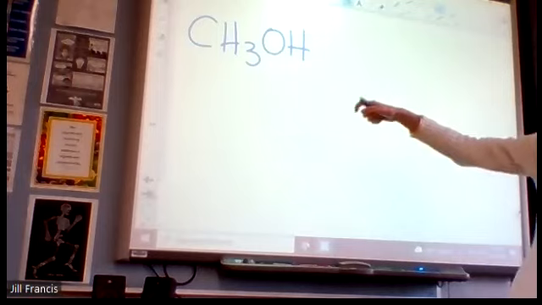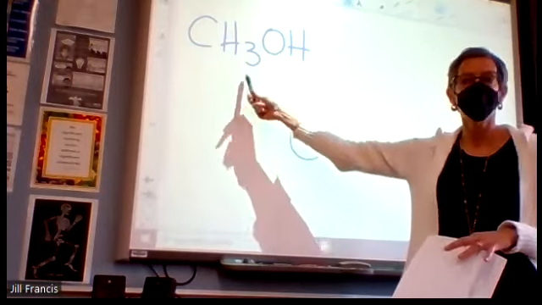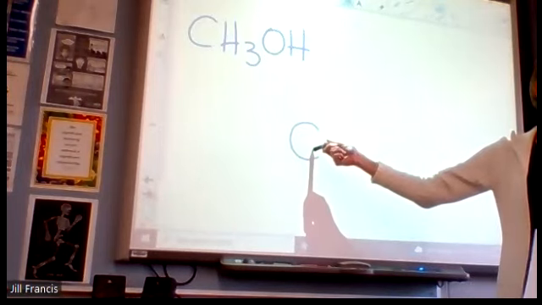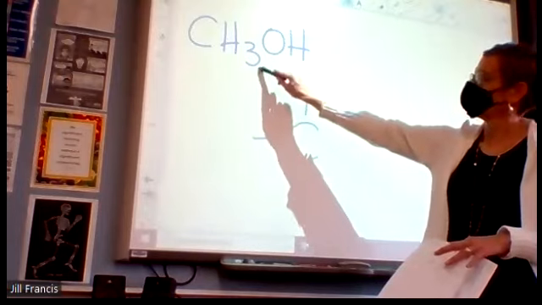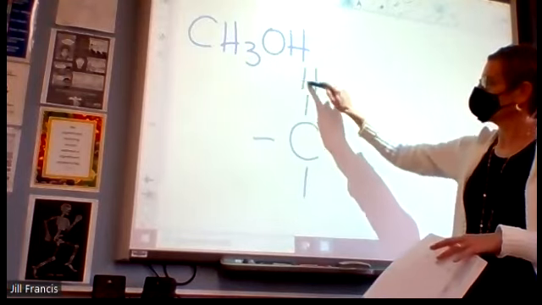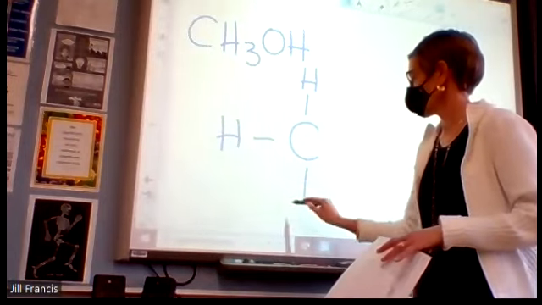So you'll write your carbon on first. Whatever comes after that carbon has to bond to your carbon. So we know that these 3 hydrogens right here have to bond to the carbon. So we put our carbon down, and we attach the next 3 things to the carbon.